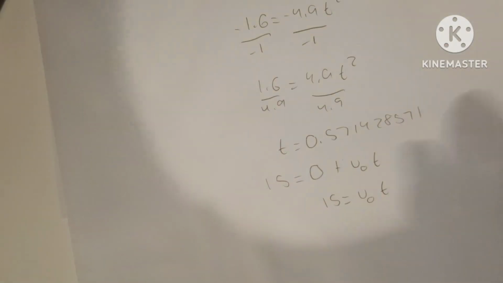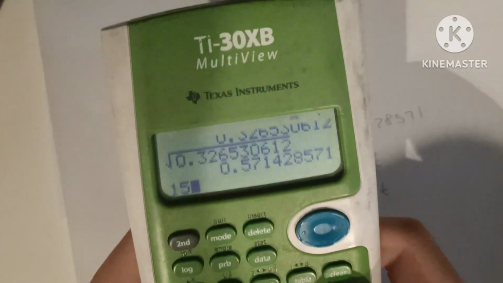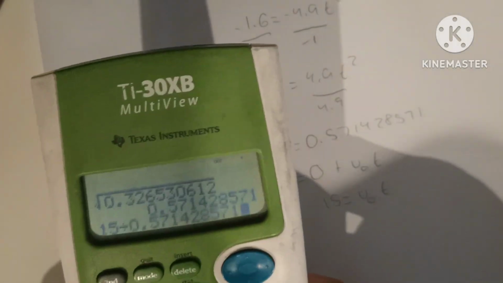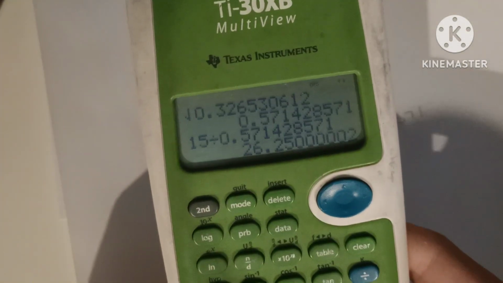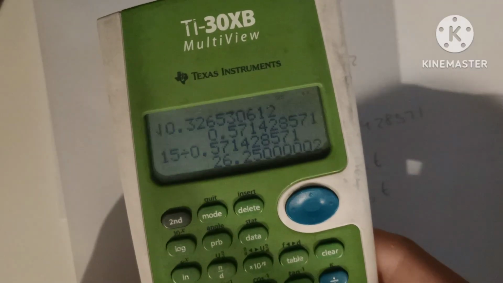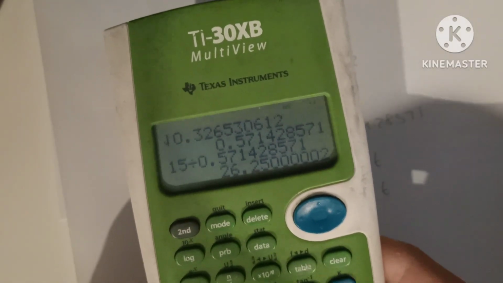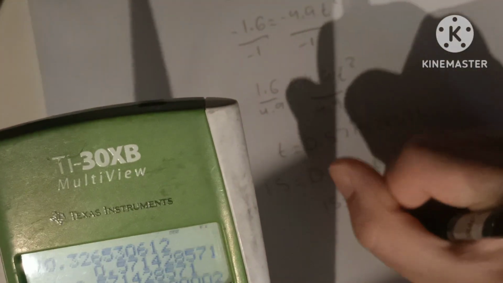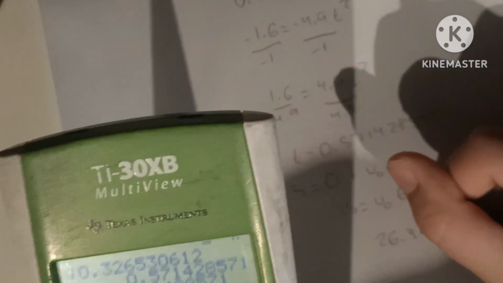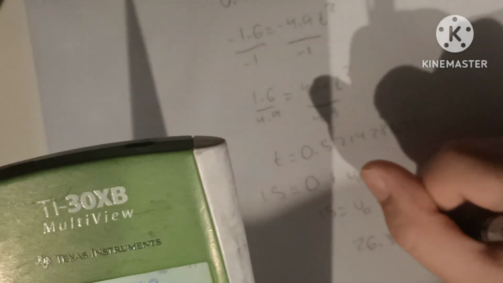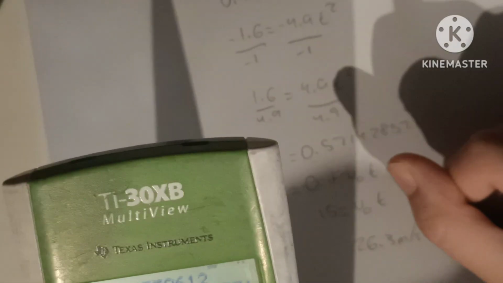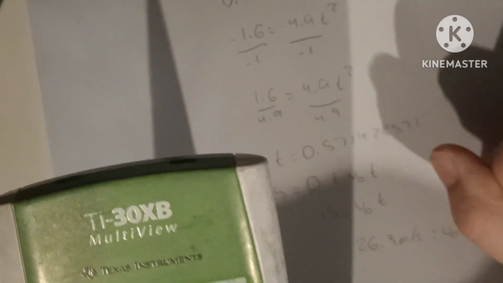And I will divide 15 by what we solved for t, and I have it right here. And you get this, 26.25000002. So the question says to round it to one decimal place, so we get 26.3. We need to add the units back in now because we're working with velocity, so meters per second equals v initial x.